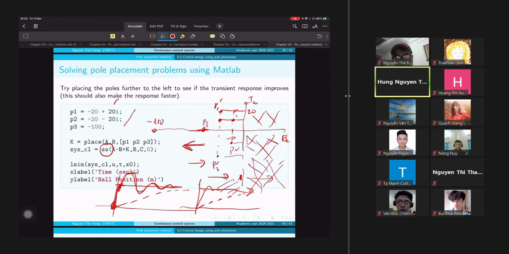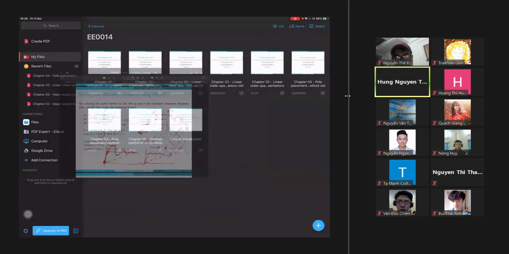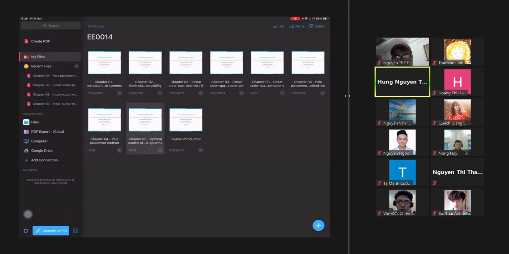Then we have one chapter left, and if possible, I will introduce one more chapter about computer-based control, and of course, this is related to the digital control problem. But we have one chapter left, chapter 5.